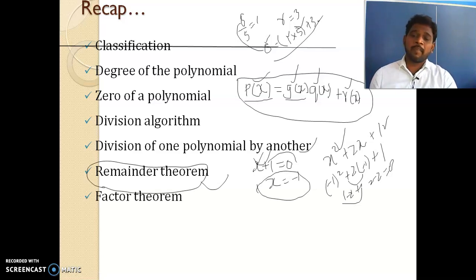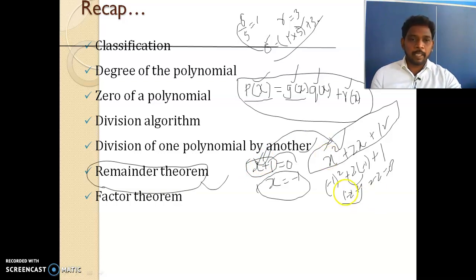So what is the purpose of the factor theorem? It tells us whether the given polynomial is a factor of another polynomial. How can we check it? For example, we can take the same example. Let us take x square plus 2x plus 1 as the dividend and x plus 1 as the divisor. How can we check whether x plus 1 is a factor of this or not?